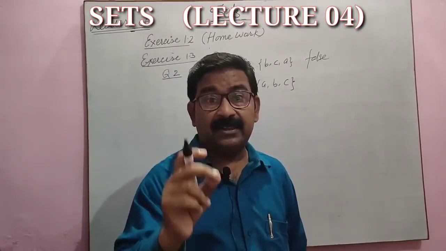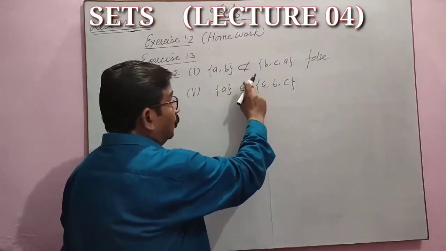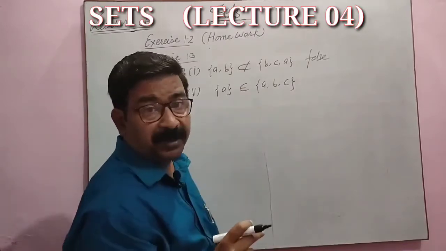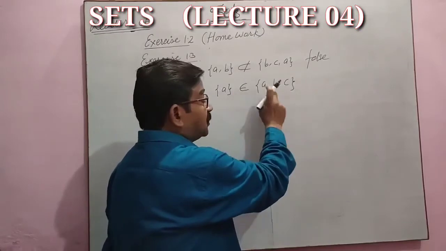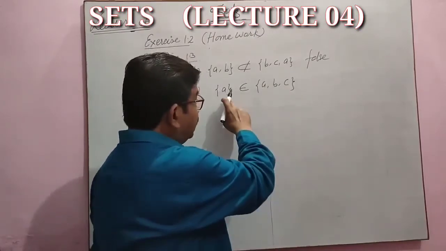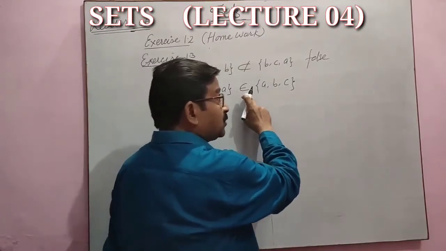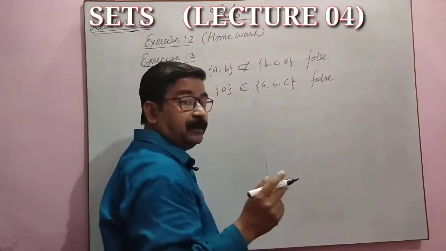A set is a subset of another set. Both are sets, so for two sets this belonging sign is not appropriate. A set is a subset of another set; a set does not belong to another set. So this belong symbol must not be there. It means the statement is false.